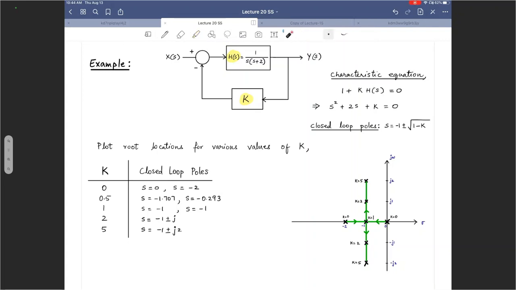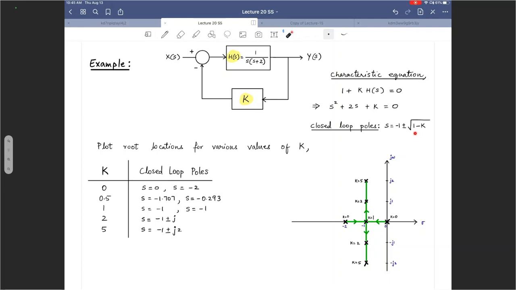Which means I can substitute for H of s and evaluate the characteristic equation. I've got a quadratic in s, and if the quadratic is in s, I can find the location of the poles. So if I make this 0 and find out the location of the poles, I will get s equals -1 plus or minus square root of 1 minus k. That is the location of the poles.